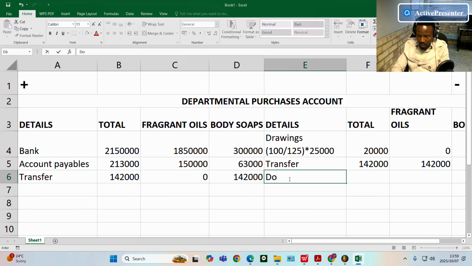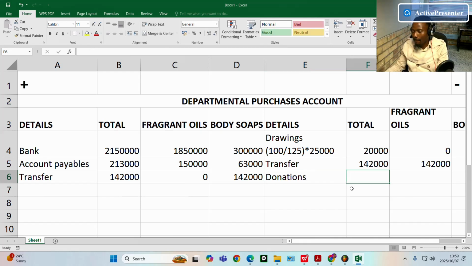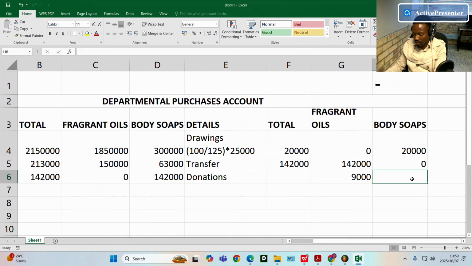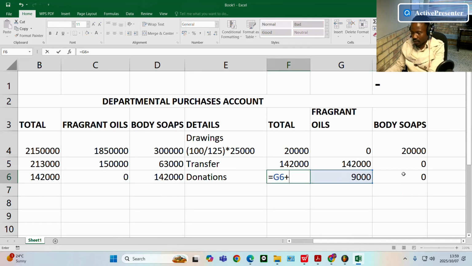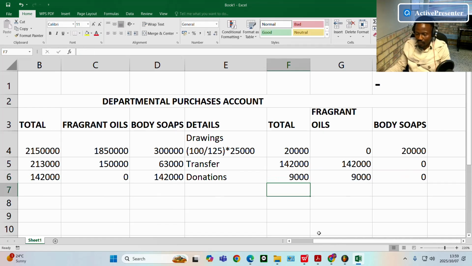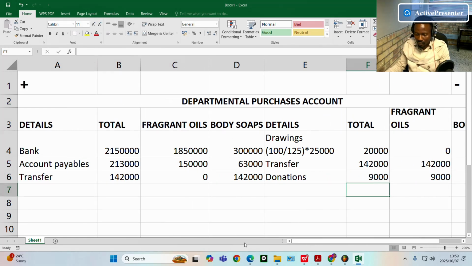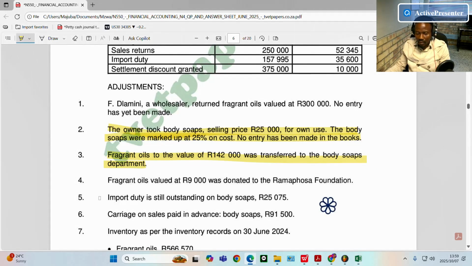So it's donations, 9,000. We donated fragrance oils. So we are done with this.